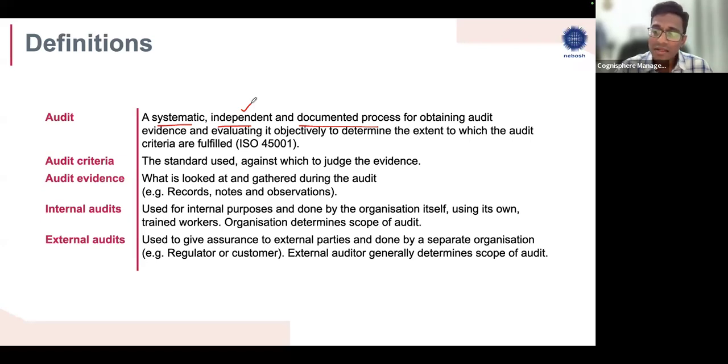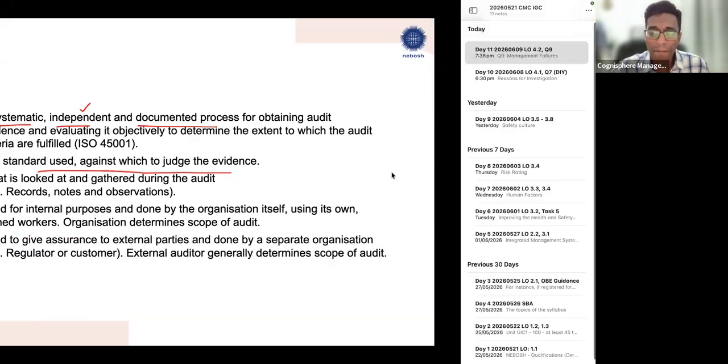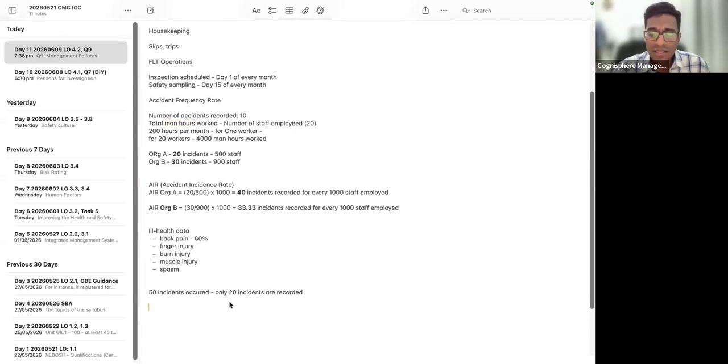And then a documented process for obtaining audit evidence and evaluating it objectively to determine the extent to which the audit criteria are fulfilled. Okay, so now you have something called audit criteria, the standard used against which to judge the evidence. Okay, now, for example, the audit criteria, let's say it is ISO 45001.